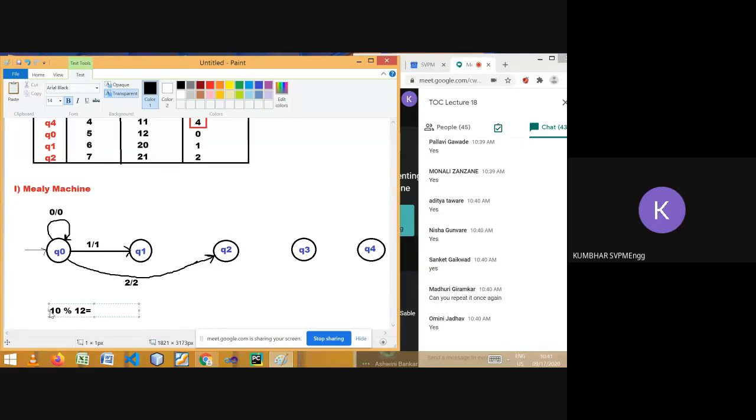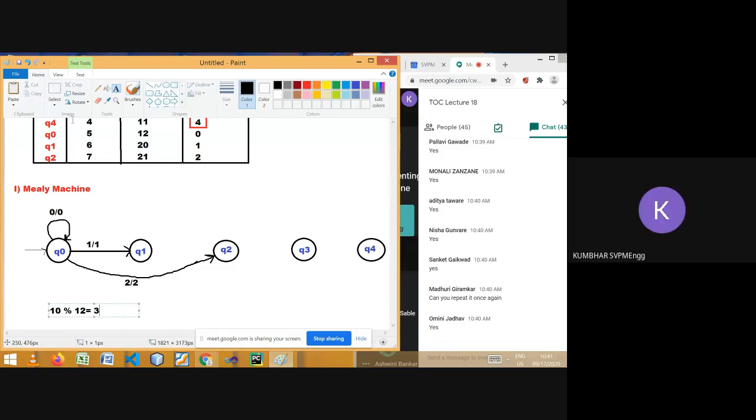So we have to go to that state which has remainder 3. Which state shows that the remainder is 3? Q3. So from Q1, if we read 0, it will go to Q3. Correct?